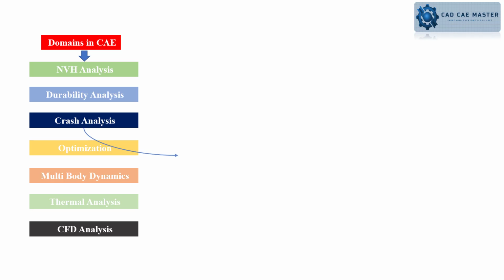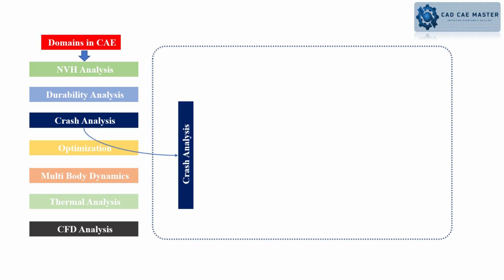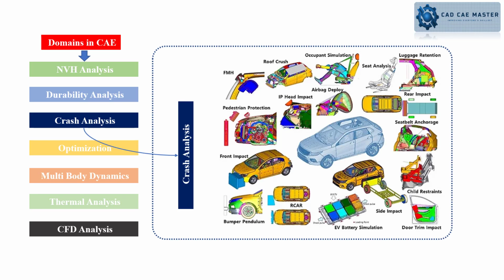Yeah, similarly we do have crash here. When it comes to crash, these are all the things we need to know, at least domain wise. Let's say you're into the bumper domain, you need to know how exactly the bumper domain will work, how the front impact will work, yeah. The seat analysis, the occupant safety we should know, then the rooftop crash, side impact, the front impact, door trim impact, okay.